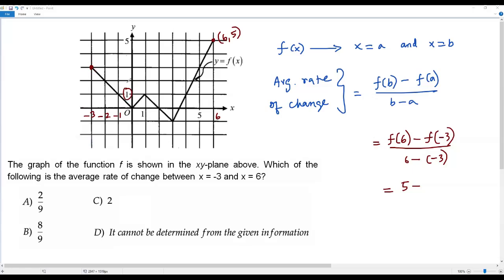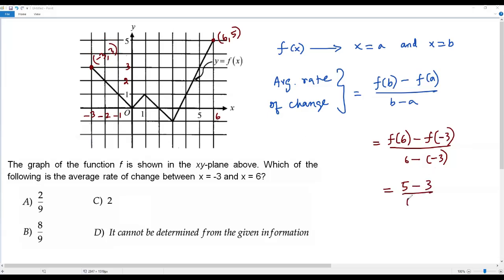Here we have y-coordinate 1, then 2, then 3. So the x-coordinate is -3 and the y-coordinate is 3. When x equals -3, the value of the function f of x is 3. We can plug in 3, the y-coordinate of this point.